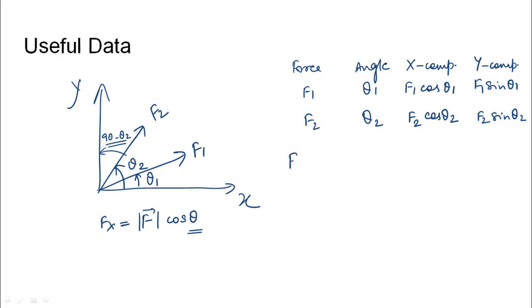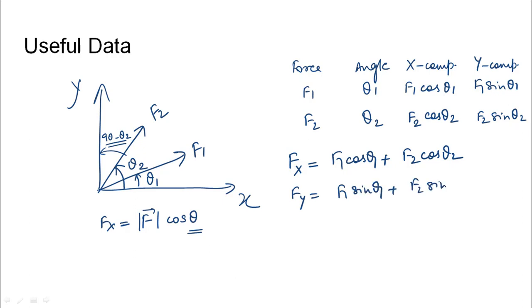If we want to find the overall x component of the resultant, it would be the sum of the two x components: F1 cos theta1 plus F2 cos theta2. Similarly, the y component would be F1 sin theta1 plus F2 sin theta2.